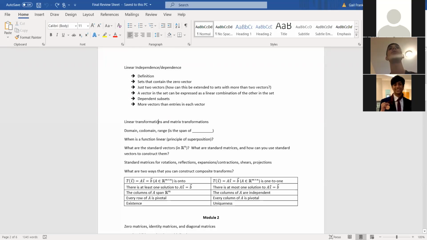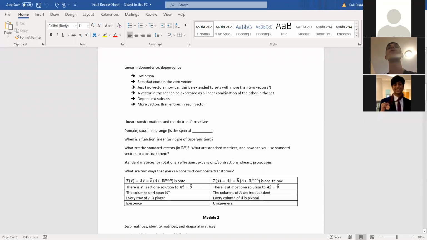Linear just means that the sum of the transforms is the transform of the sum, and multiplying a scalar by the transform is the same as the transform of the vector multiplied by the scalar. So it's like addition and scalar multiplication. That's a theme through the whole course.